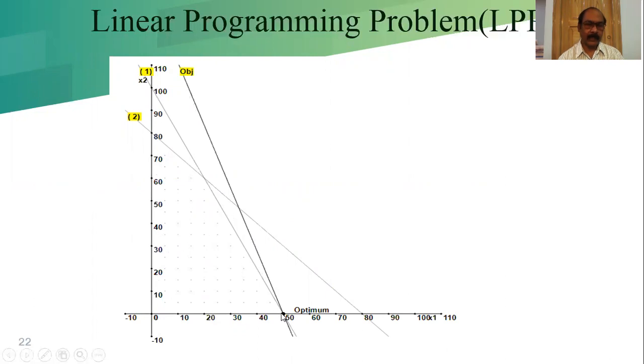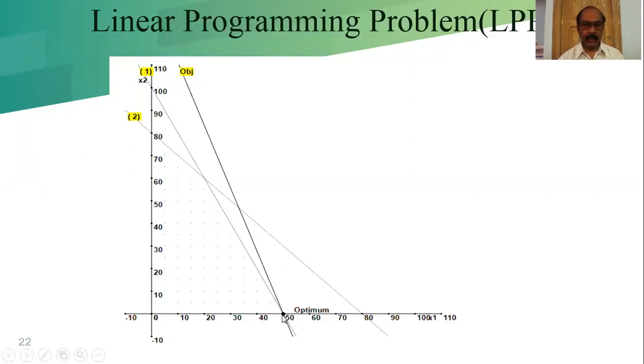Finally, it touches the far extreme corner point, and after that no extreme point is there. This is our feasible region OABCO. The other corner points are skipped, and it touches the far corner point, so this point gives us the maximum value of the objective function.